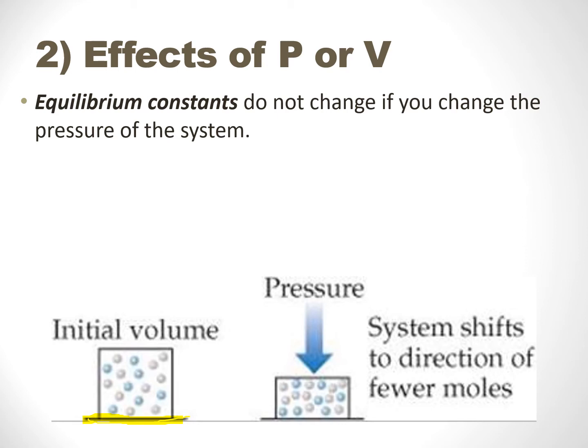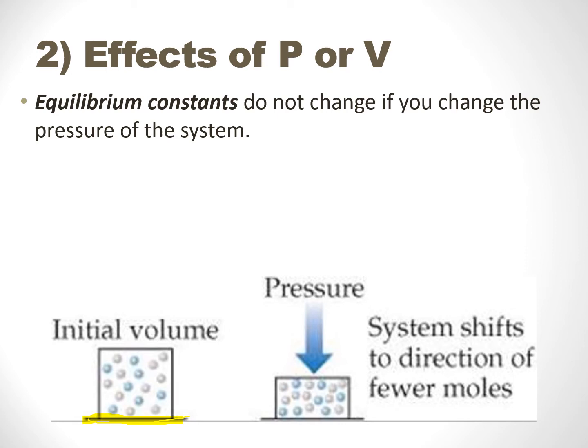Now, the actual effect of such a change on the equilibrium of the system is going to depend on the stoichiometry, because the system will respond trying to counteract, right? Like the thermostat: when the temperature goes up and it is too warm, the system responds by making the room colder, turning off the furnace. So if we increase the pressure, the system will respond by trying to decrease the pressure.